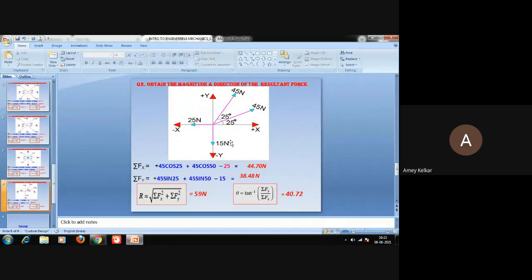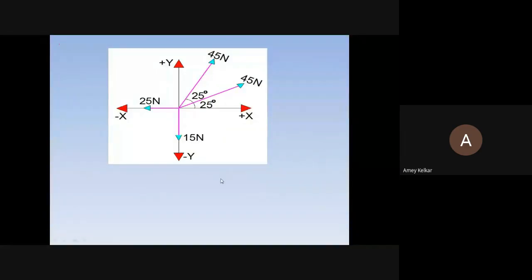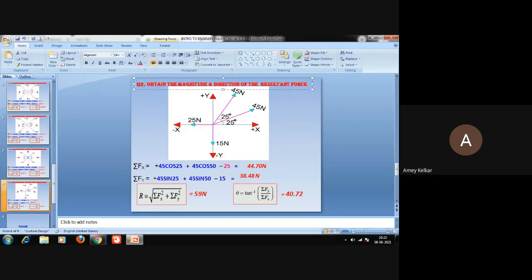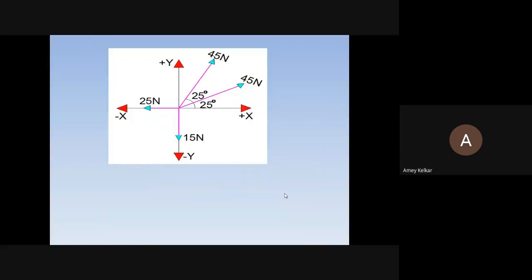Now what changes I had done in this example, example number 4. Firstly, I took two forces in one quadrant and created a bit of confusion with the angle. The angle of the second force in the first quadrant was given with respect to the other force.